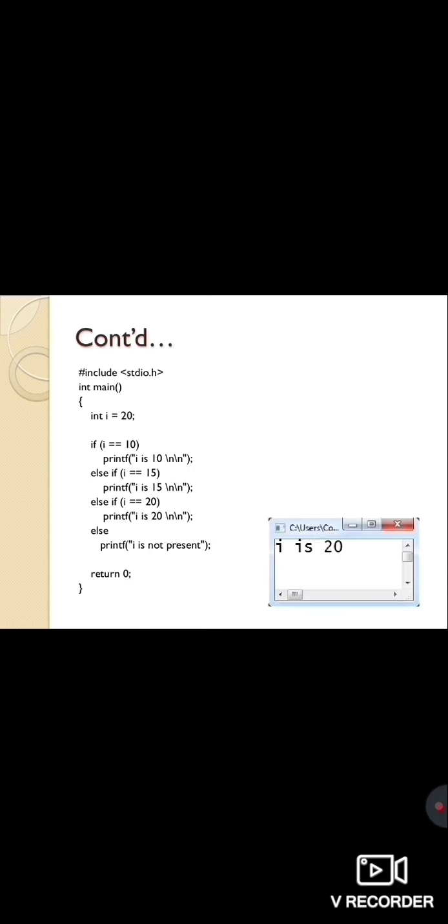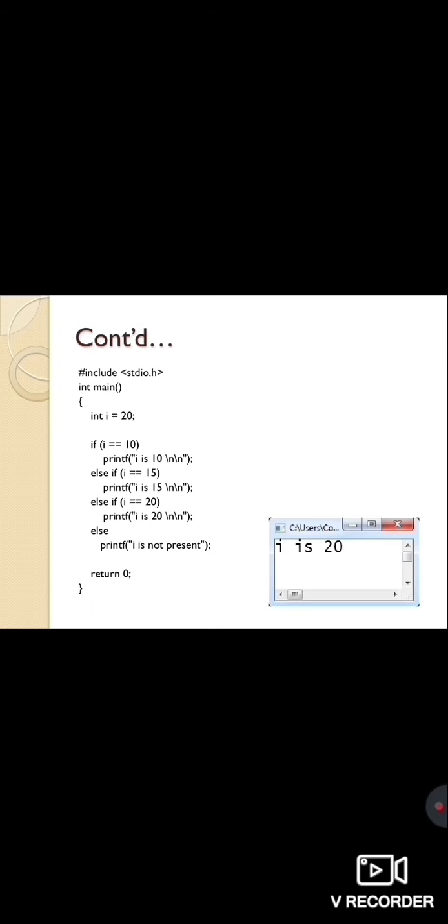For example, here we take an integer variable which is assigned 20. If i equals 10, then it will print i is 10. Else if i equals 15, and else if i equals 20, and so on.